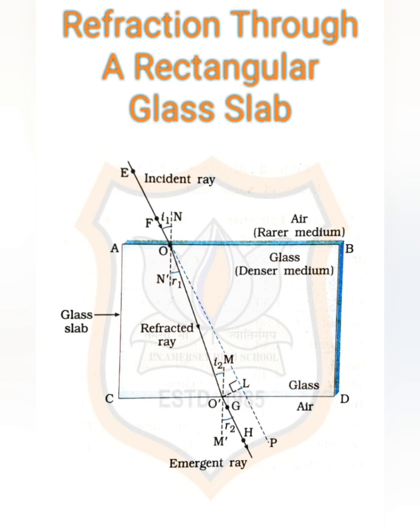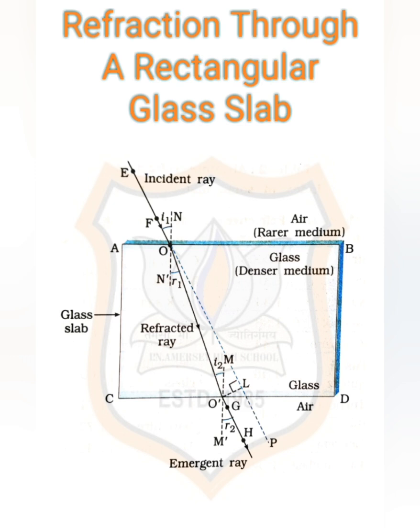Now take 4 identical pins. Fix 2 pins, say E and F, vertically such that the line joining the pins is inclined to the edge AB. That means making an angle.